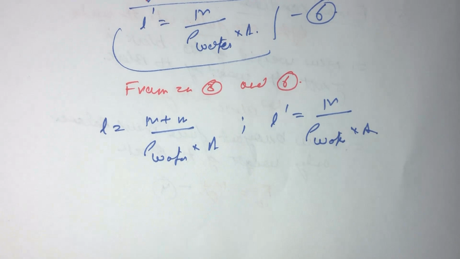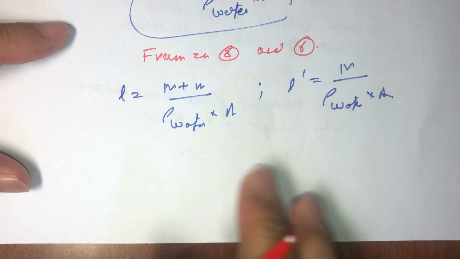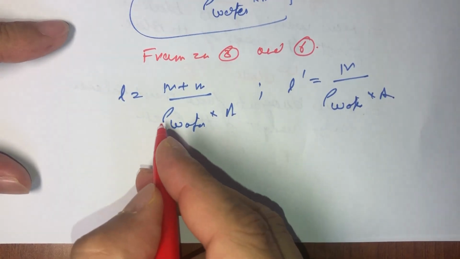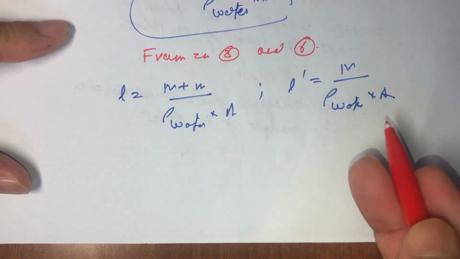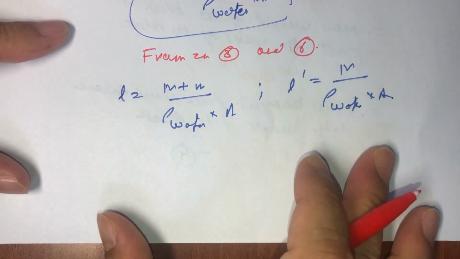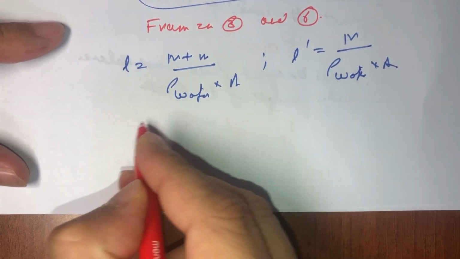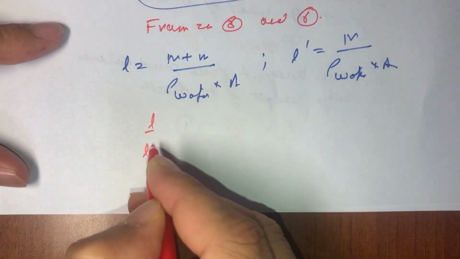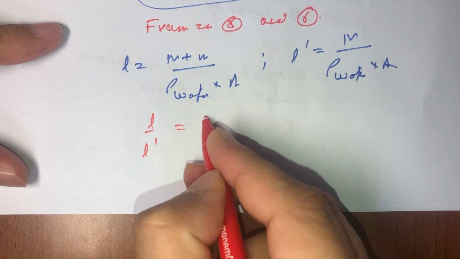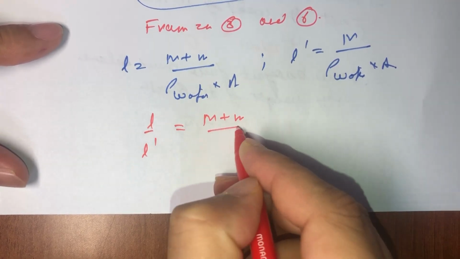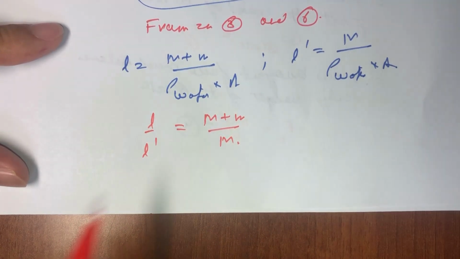By comparing, it can be clearly understood that the denominator is the same, the only difference is in the numerator. So if we divide them, we get L upon L prime equal to M plus small m divided by capital M.